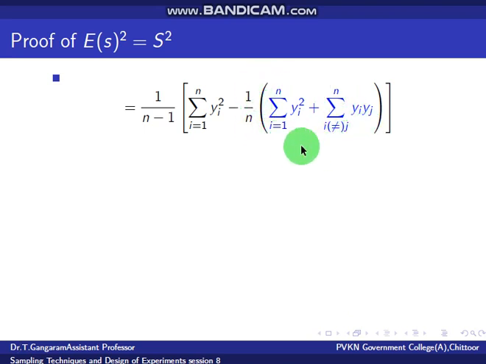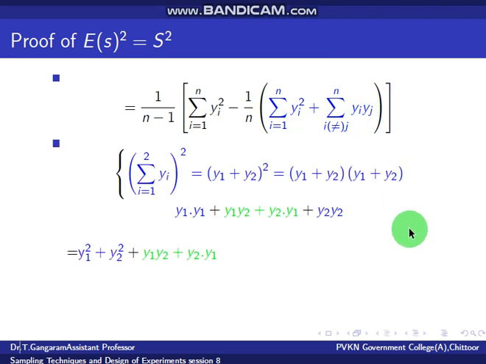We can write summation i is equal to 1 to n yi whole square like this, for n terms. Let us understand this for two terms. Summation i is equal to 1 to 2 yi means y1 plus y2, whole square.